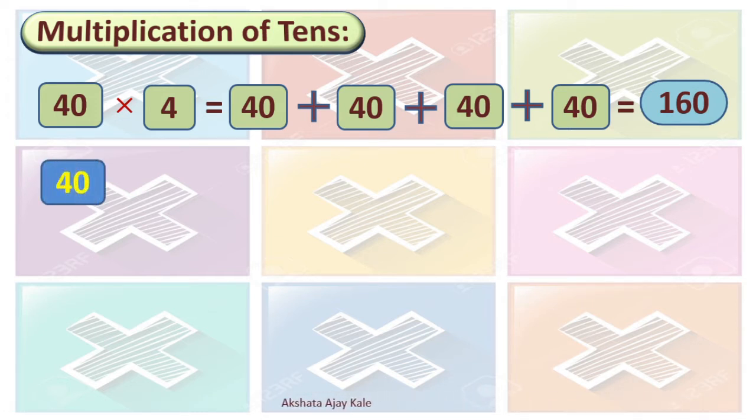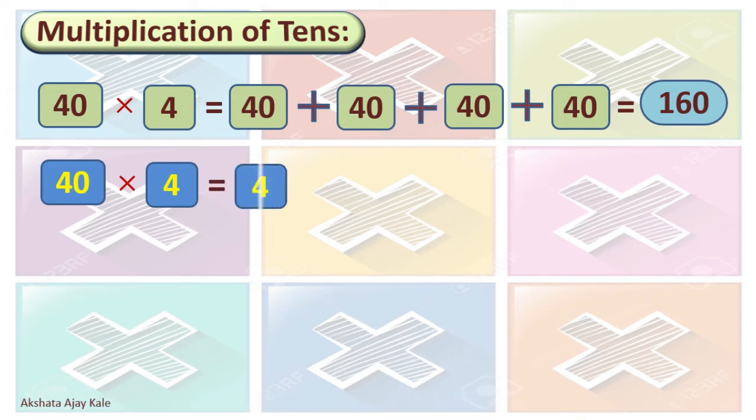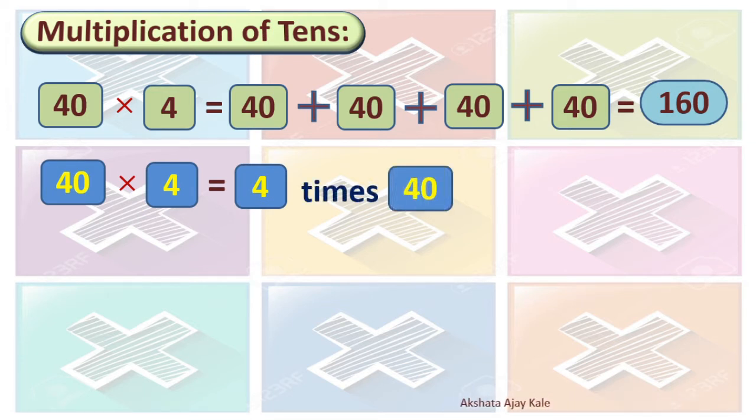Now the same thing I will write again. 40 multiplied by 4 means 4 times 40, isn't it? Whatever we did above.